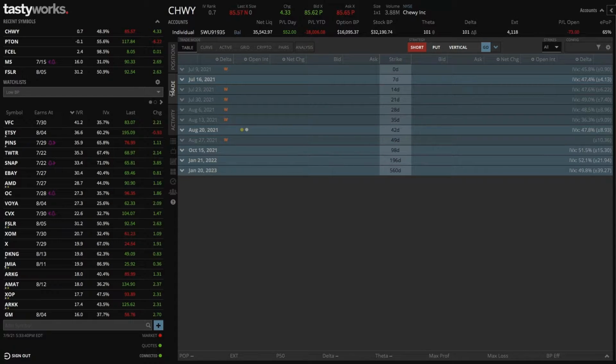I mean, most of these naked premiums take about 2 weeks, 3 weeks to work in your favor. So that's why even at 40 days, that's only 19 days until you're looking at rolling out your trades. And so that's why I personally like the 40-day to 60 or 70-day window instead of the 30 to 60-day window, even though technically those 30-ish day trades can work fast and in your favor.